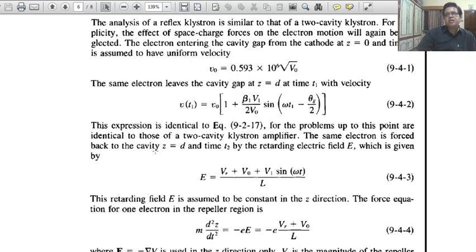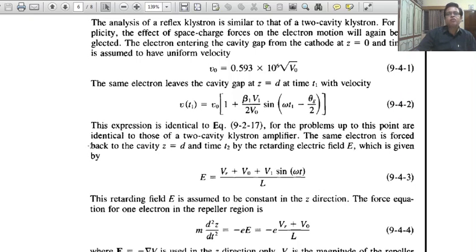This formula we already derived when we discussed the two cavity klystron. This expression is identical to the equation we already derived in that article. These articles are taken from the book that I referred you for microwave devices. The problems up to this point are identical to those of a two cavity klystron amplifier.